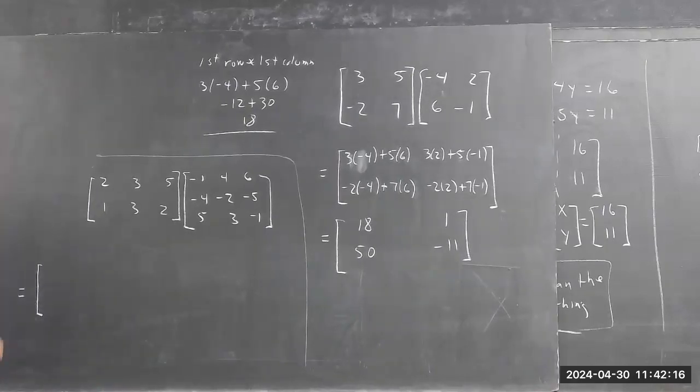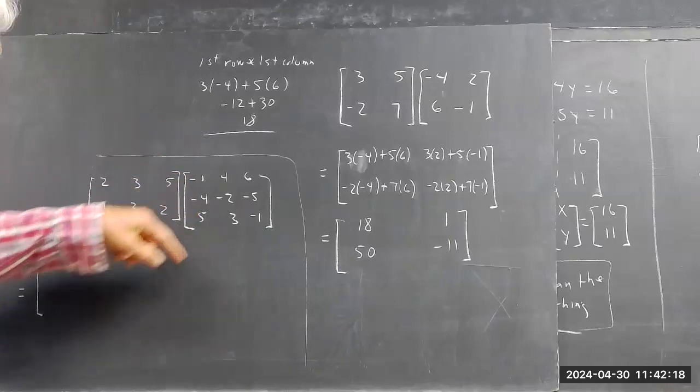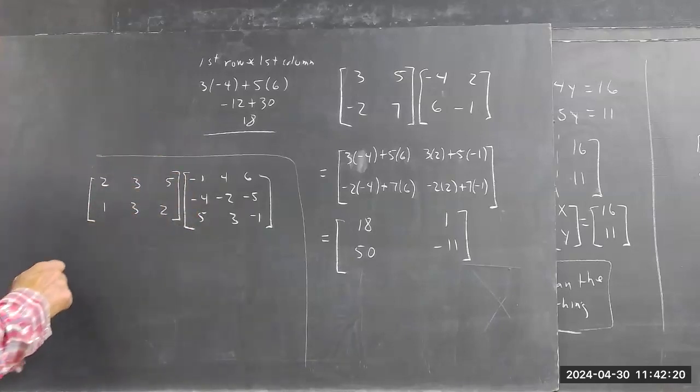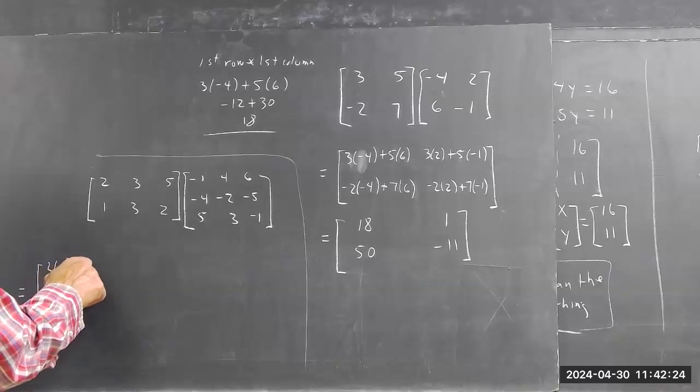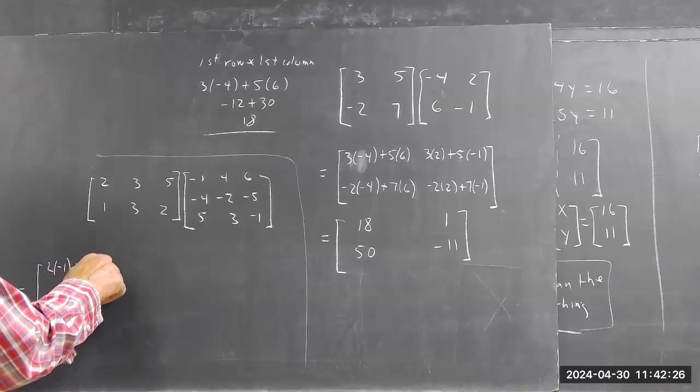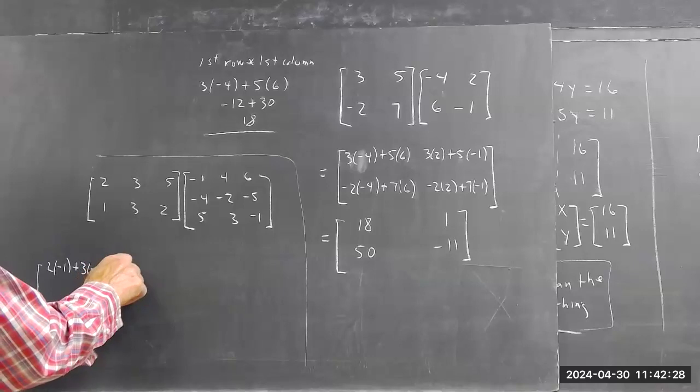Everybody started by multiplying the first row by the first column, which is very good. So that's 2 times -1 plus 3 times -4 plus 5 times 5.